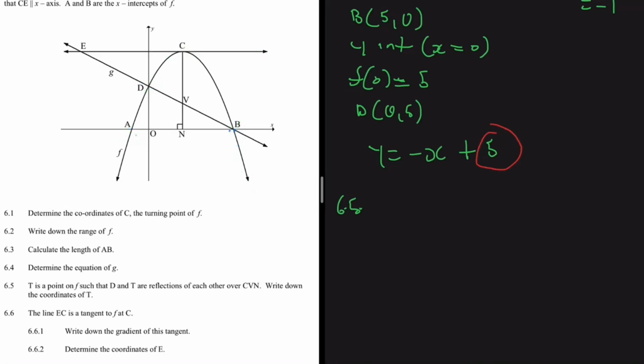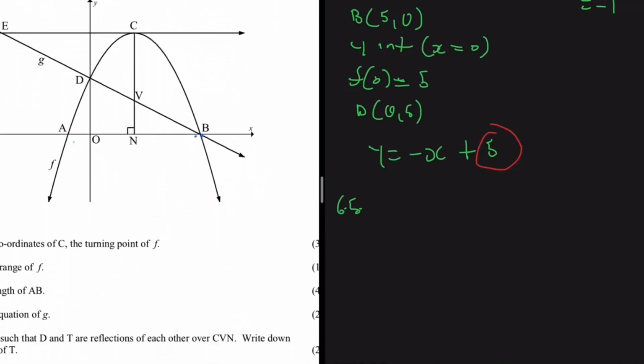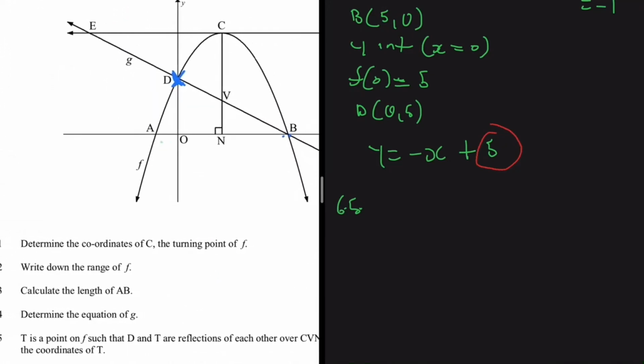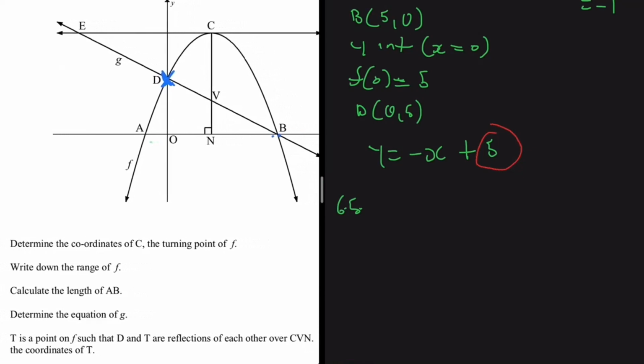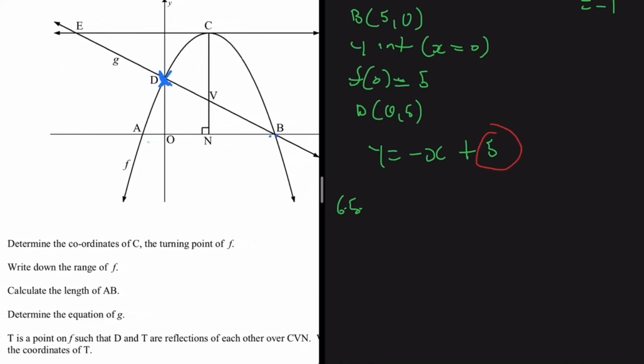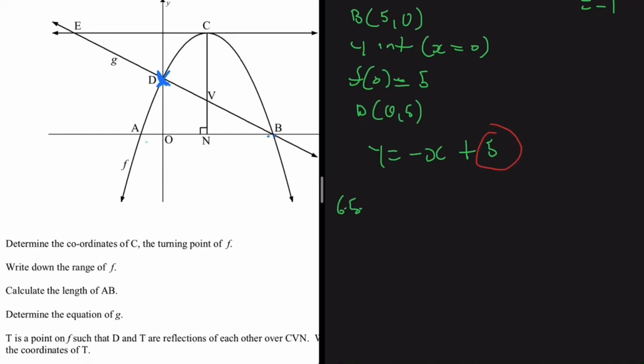So we have our point D, right? Yes, our point D. Let's make it clear. And then T is a point on F such that D and T are reflections over the axis of symmetry. So T should be somewhere here, since it is a point on F. So let's just draw a straight line.